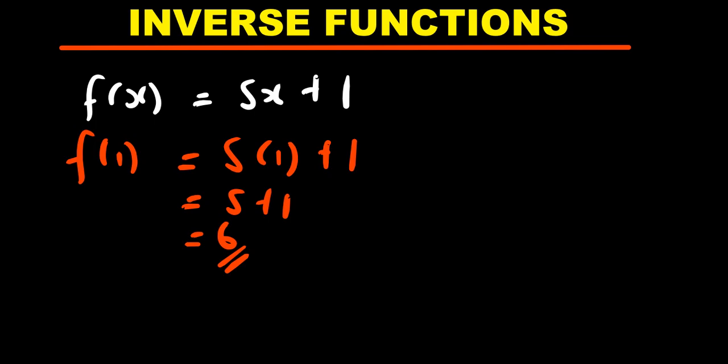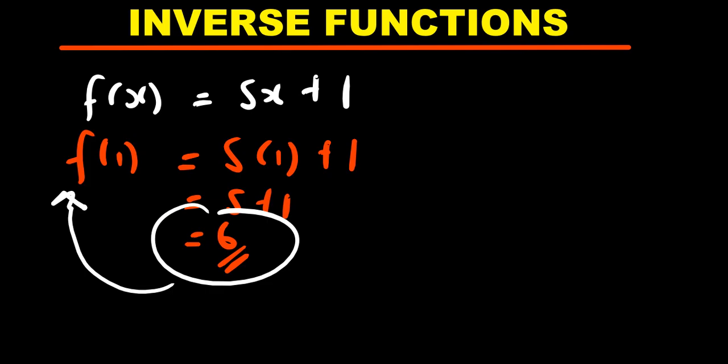Now what this entails is that you are trying to find a function where, if you plug in 6, you get the input of 1. That's why I'm saying it is a function that reverses the output. Very, very important. So you have to know the inverse of a function. In this case, you're just going to make y or f of x the subject of the formula, then you proceed like that.